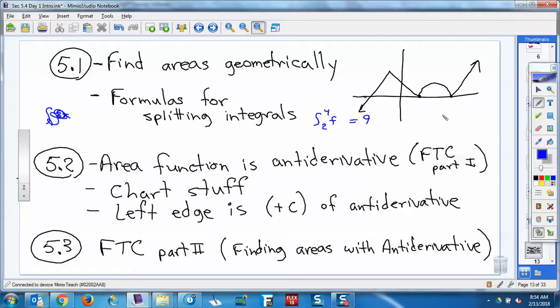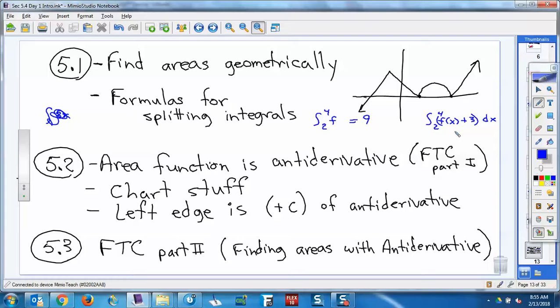And I ask you to find the integral from 2 to 4 of f of x plus 3 dx. Is that answer 12? It's not 12.